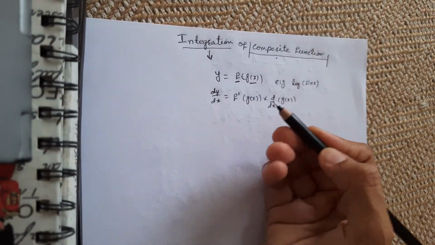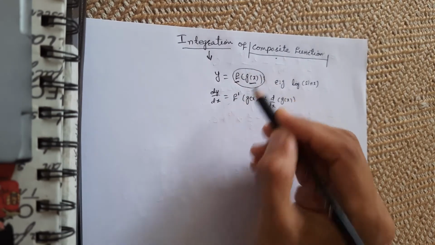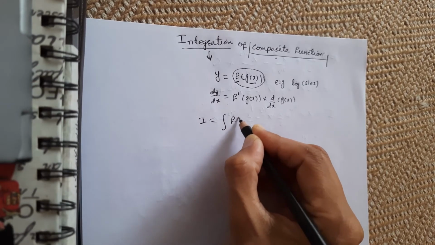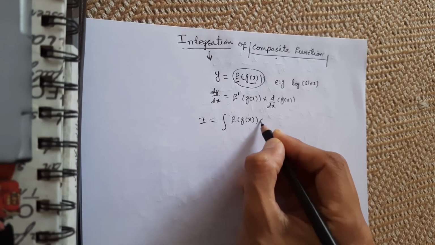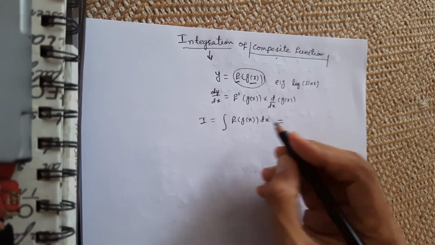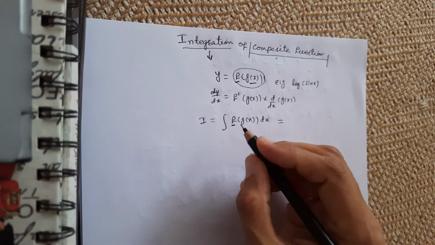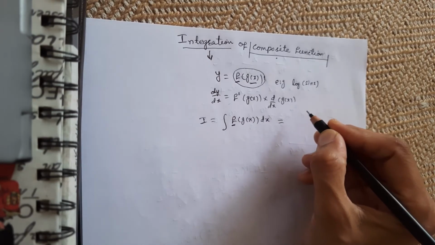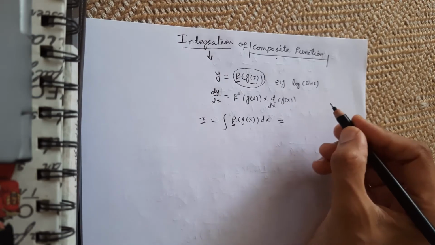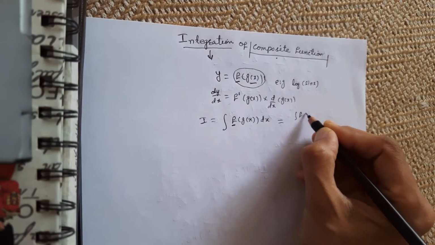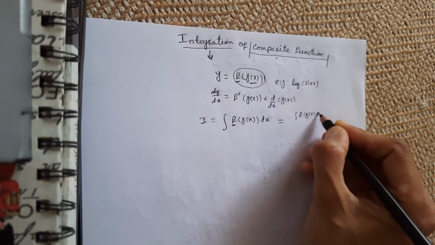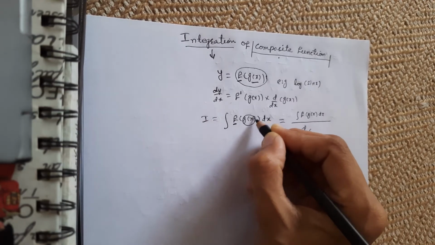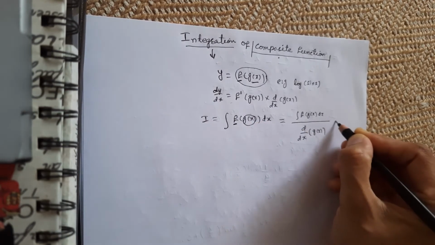Now if I want to take the integration of this composite function, suppose I equals integration of f of g x dx, then I will first take the integration of the outer function, whatsoever it is, divided by the derivative of this inner function g of x, plus c.